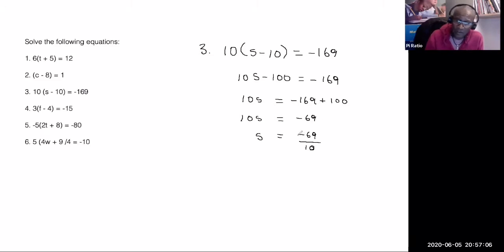You wouldn't go any further because you're dealing with a minus fraction, so you'd probably just leave it exactly where it is, unless they've asked you to take it to its lowest point, and then it would be minus 6 and 9 over 10. But unless they've asked you to do that, you'd probably leave it right there. Okay, so that was question number 3. 3 down, 3 to go.